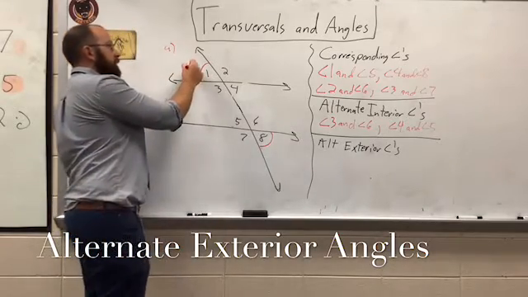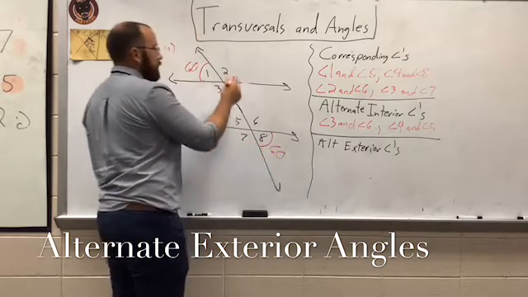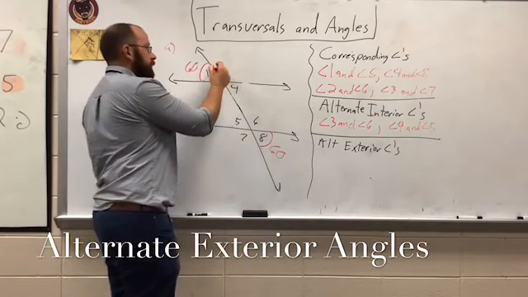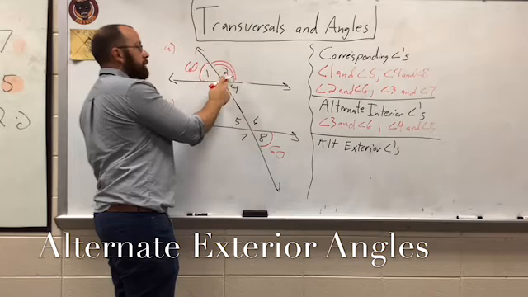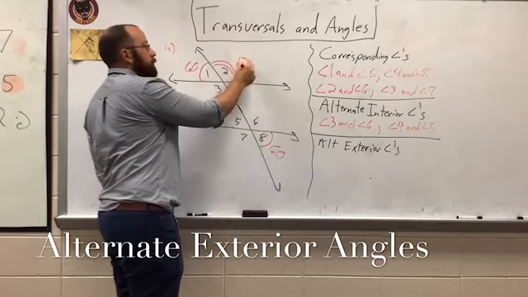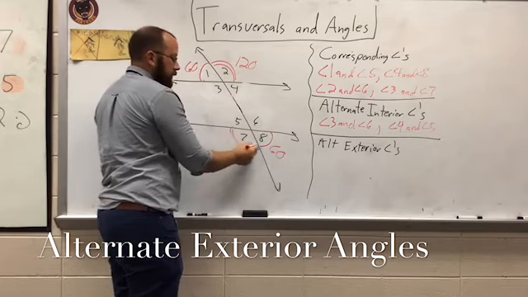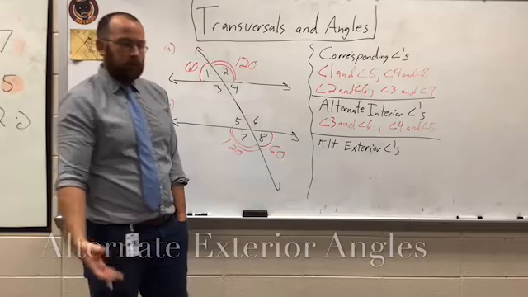So if 1 is 60, what would 8 be? 60. Our other set of alternate exterior angles is 2. So if this is 60 and these have to be supplementary angles, what is this? 120. That's 120. What is this down here? 120, because they are congruent angles.